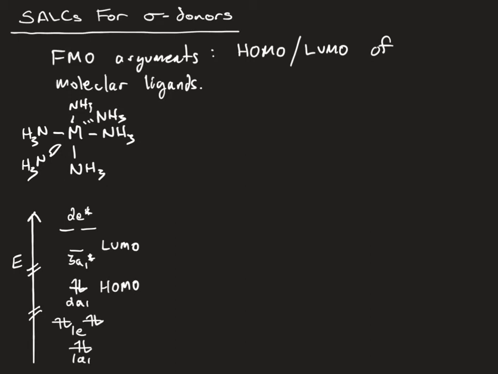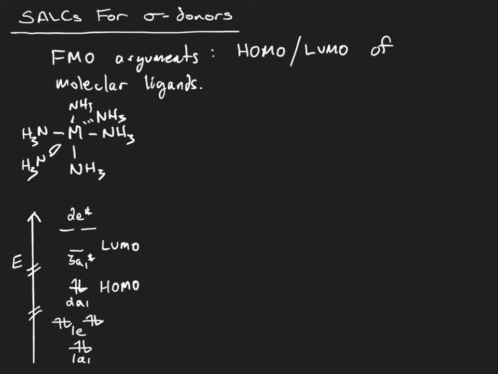The only orbital that's energetically available to bond into metal-based atomic orbitals is this 2a1 HOMO. All of the other filled orbitals are too low in energy, while the unfilled orbitals are too high in energy to effectively participate in bonding with the metal atomic orbitals.